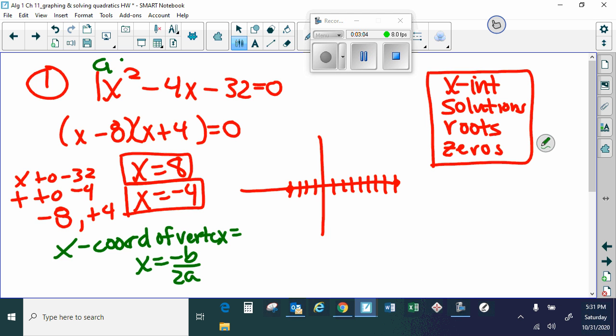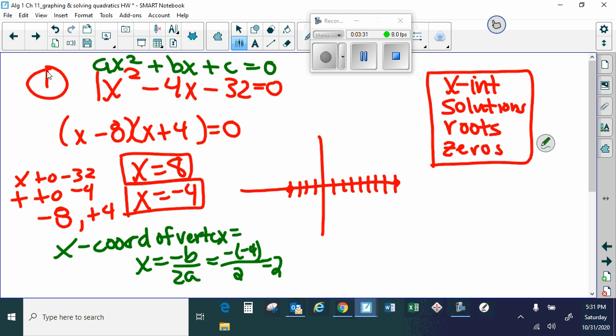Remember, this is ax squared plus bx plus c equals 0, the standard form of a quadratic. So negative b is the negative of negative 4, over 2a. 2 times 1 is 2. So I get 4 over 2, which is 2. So the x-coordinate is 2. That formula always works.